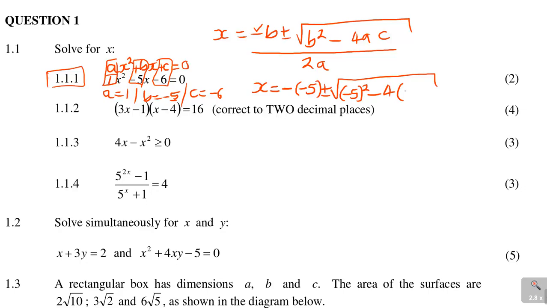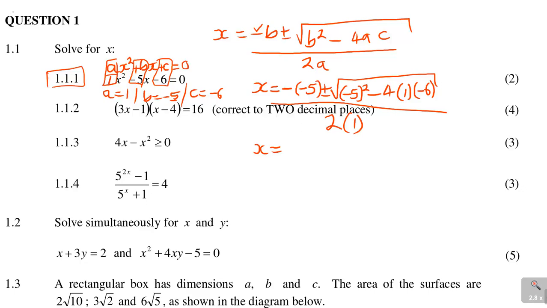-4, my a is 1 and my c is -6. Don't forget that. Everything in brackets. Now you are dividing that by 2, and bracket my a, according to the formula there, is 1. This one, don't overthink it. Calculator is your way to go.